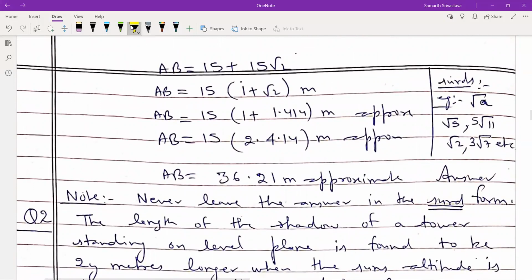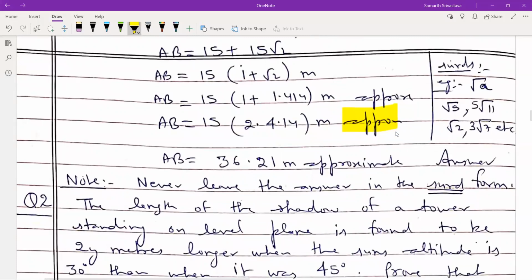And AB is equal to 15 into 1 plus 1.414, because root 2 is approximately 1.414. So AB is equal to 15 into 2.414. And when we multiply, you will get the value of AB as 36.21 meters approximately. You have to remember over here that you can't leave the answer in the surd form, otherwise a minimum of 1 mark will be deducted.